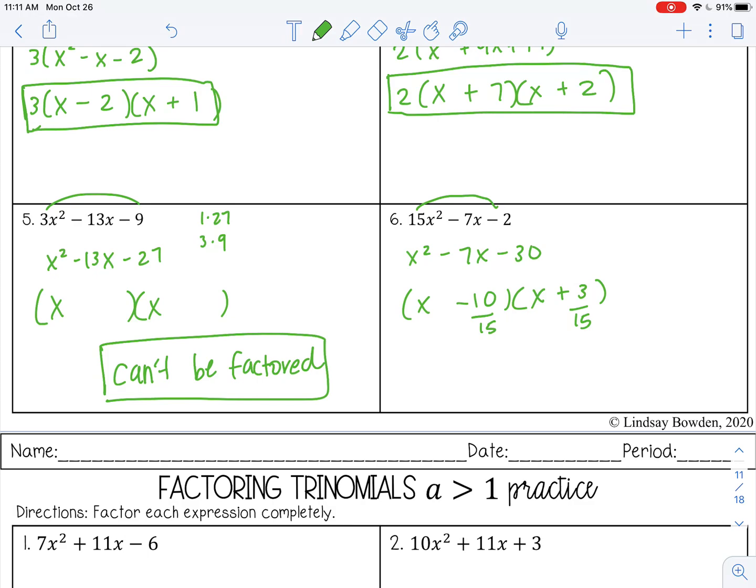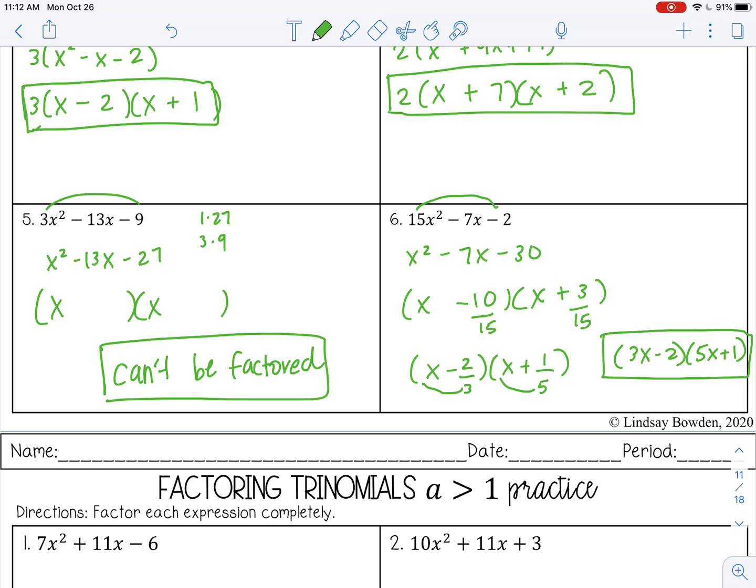So this is really 10 over 15, which reduces to 2/3. And 3 over 15 reduces to 1/5. Now, none of those are evenly divisible, so I'm going to bring the 3 up and the 5 up. So my final answer is (3x - 2)(5x + 1).